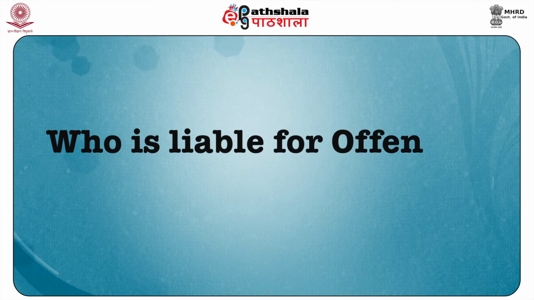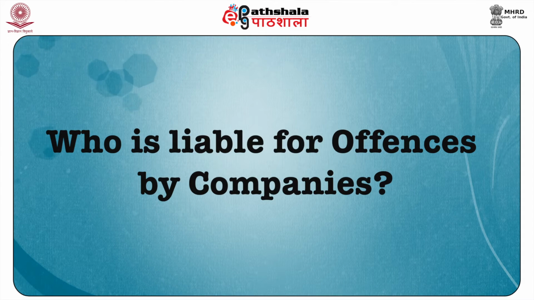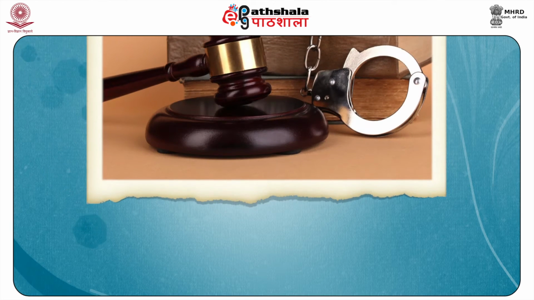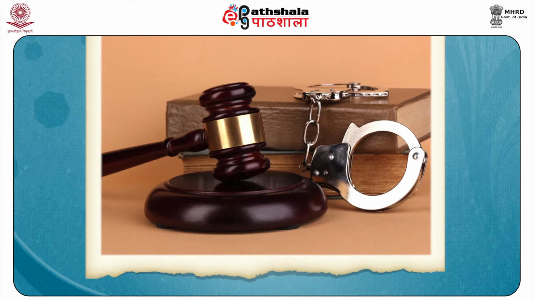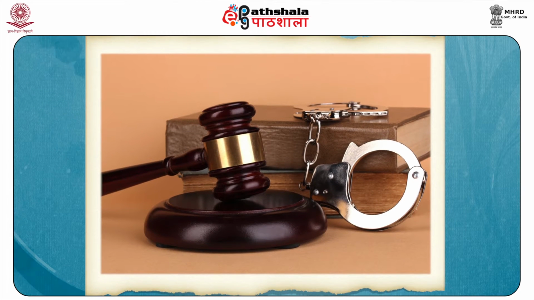Now, who is liable for offences by companies? Section 70 of the Prevention of Money Laundering Act deals with the offences by companies. It provides legal action against a person committing a contravention of any of the provisions of this Act.